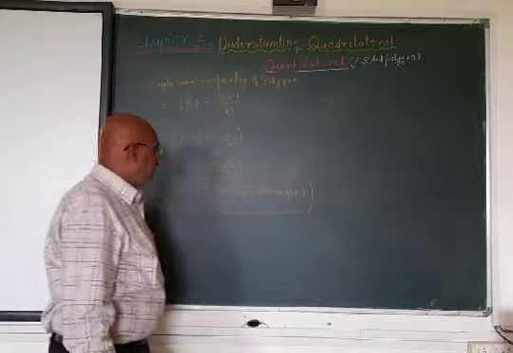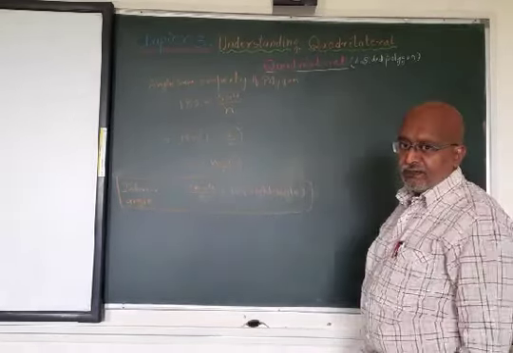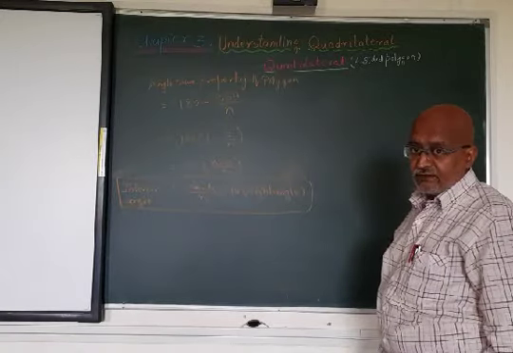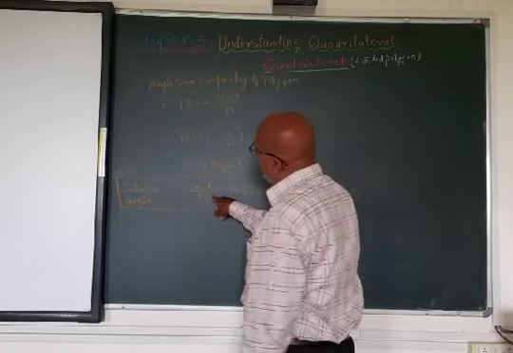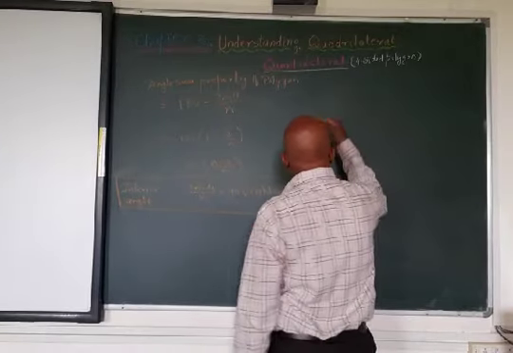Now here we are dealing with quadrilaterals. So in the quadrilateral, we have to find the sum of the interior angles. For that, this n will be replaced by 4. So what do we get here?